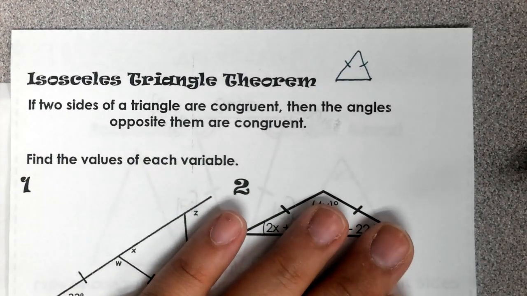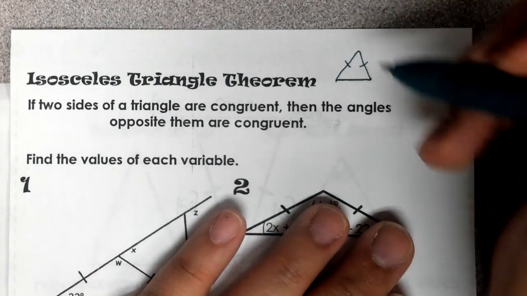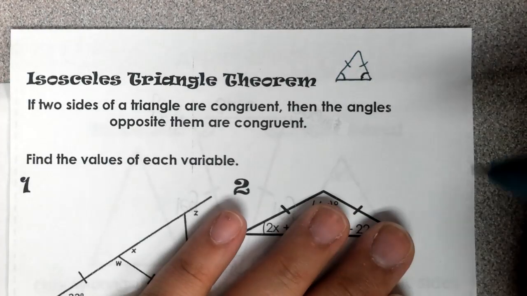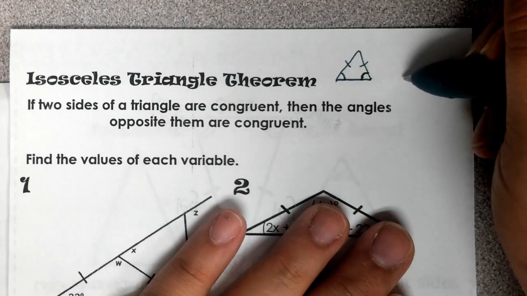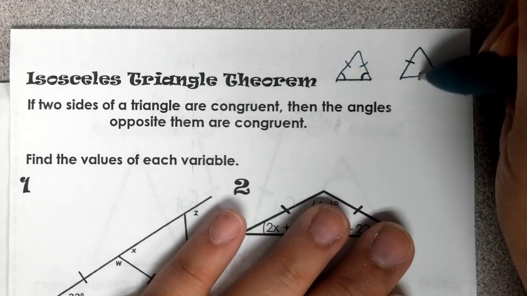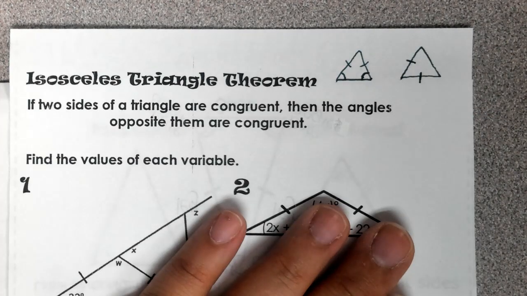If I have 2 of these sides the same, what do I also know? The angles across from them are the same. Now again, am I always going to be that nice? So let's draw another triangle. What if I make the left side and the bottom the same?